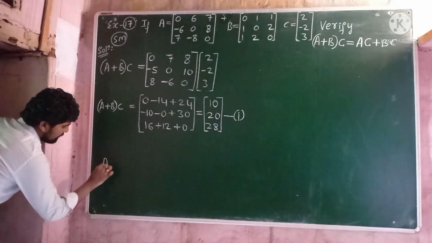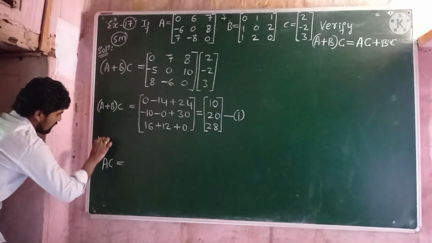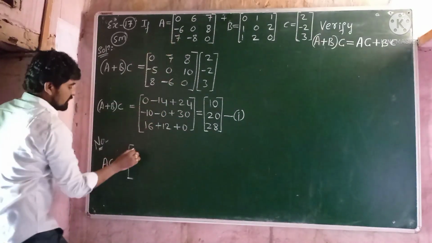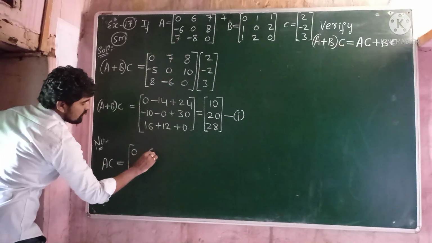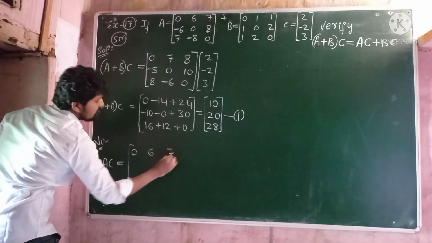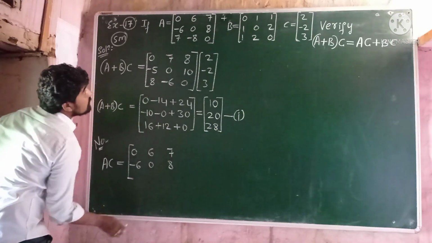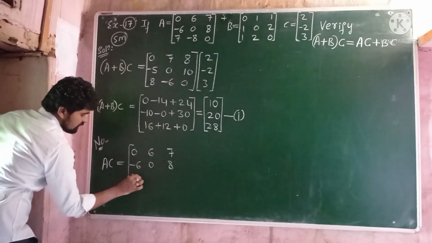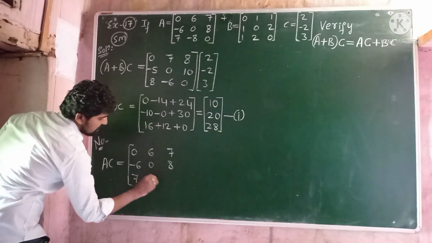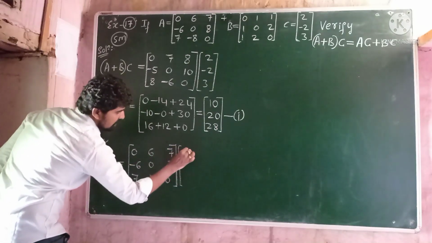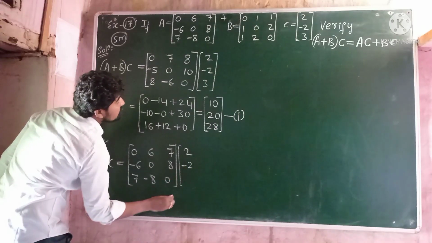So matrix AC is equal to matrix A, which is given by 0, 6, 7, minus 6, 0, 8, and then 7, minus 8, 0, into C matrix 2, minus 2, 3.